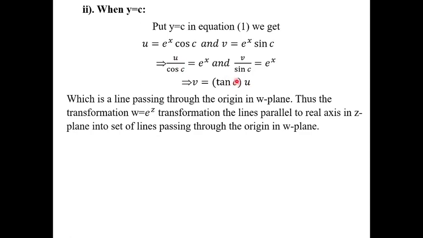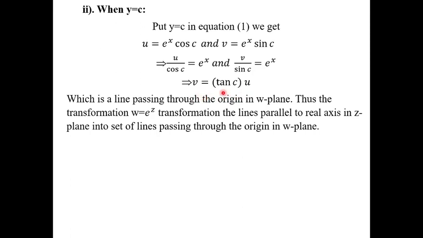Here what is c? C is a constant, tan c is also a constant. Now it is in the form of v is equal to tan c into u. It is in the form of v is equal to m into u, otherwise it is in the form of y is equal to mx. Y is equal to mx means it is a straight line passing through the origin.